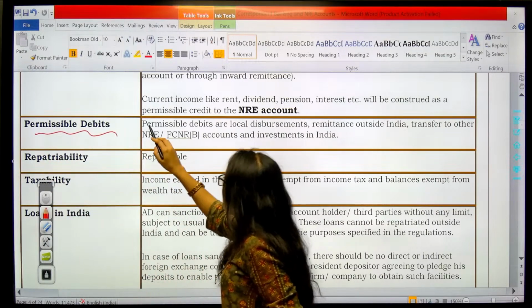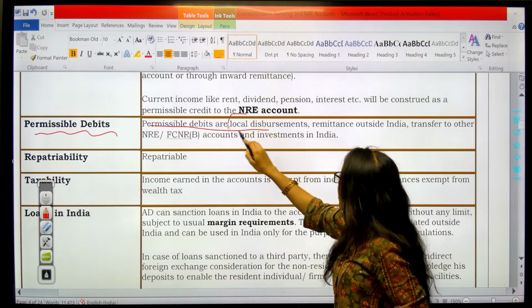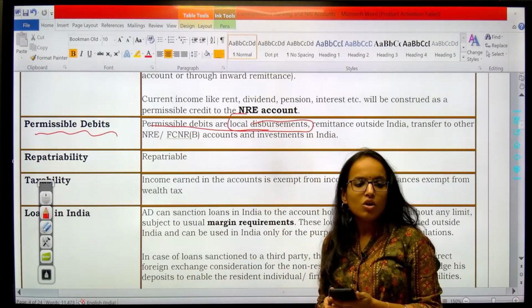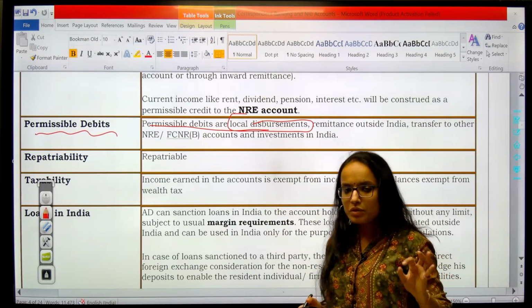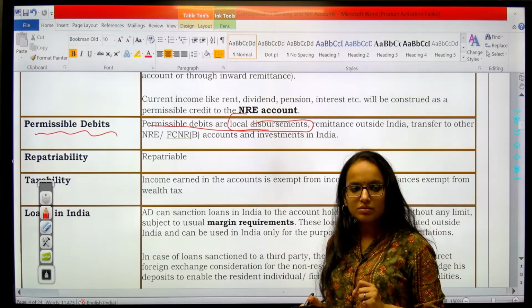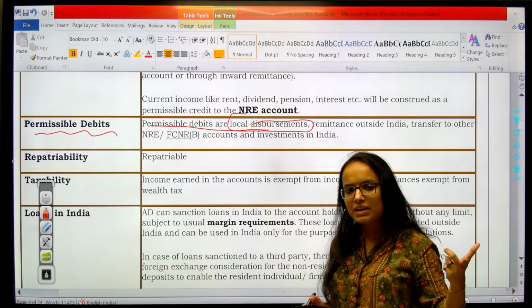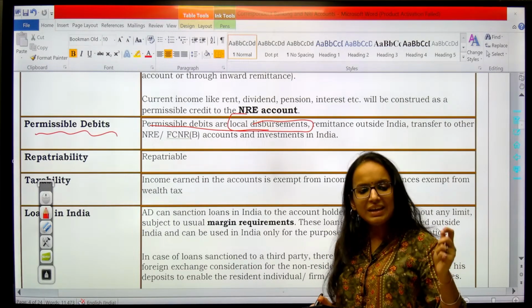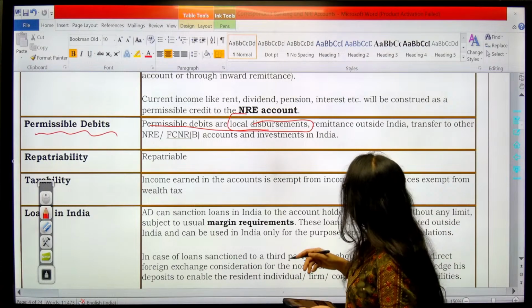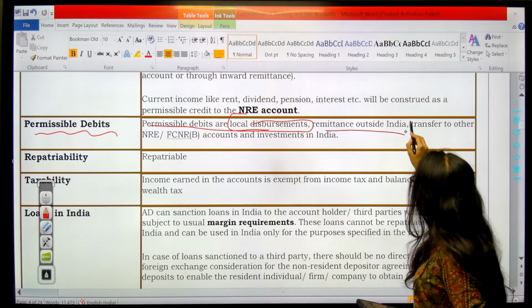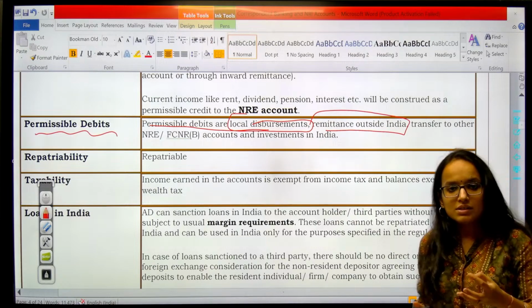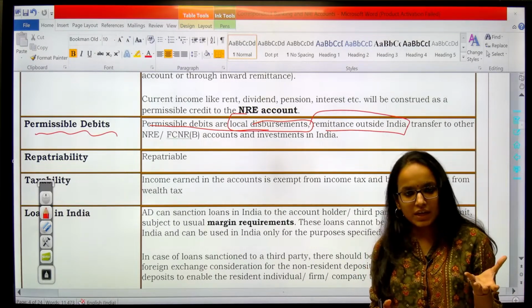Permissible debits are your local disbursements basically. All your local disbursements which are to be made out of the money deposited into this account. Local means within India, right? So any local disbursement is allowed to be made out of this account. Remittances outside India. You can receive remittance in NRE account.